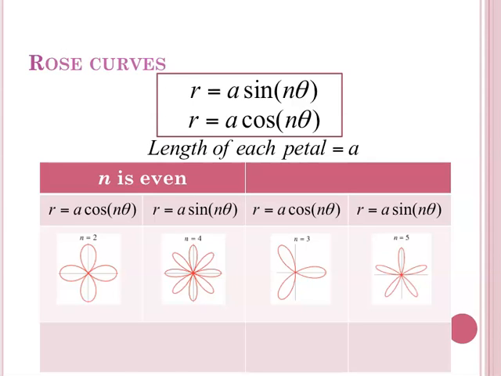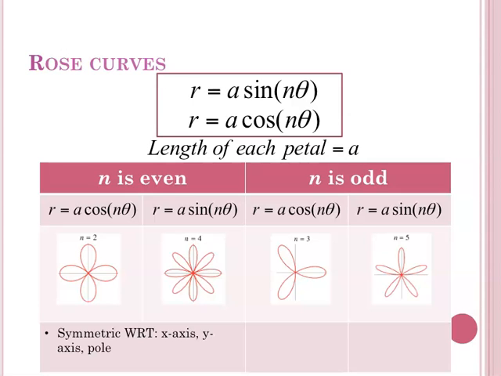these are the two that are on the left here. What we have here is an example of r equals a times cosine of 2 theta, and r equals a times sine of 4 theta. In each of these cases, we're focusing on the two on the left, you can see that there is symmetry with respect to the x-axis, the y-axis, and the pole.